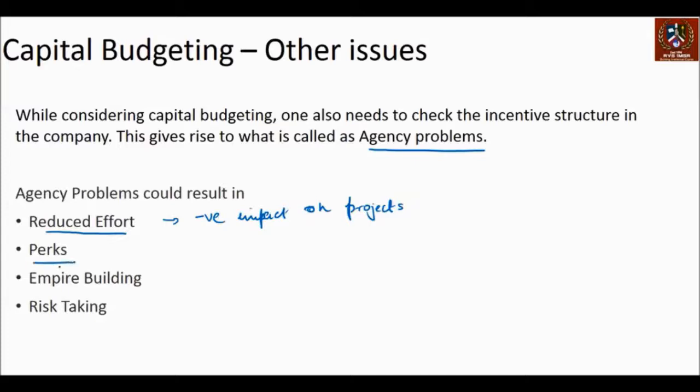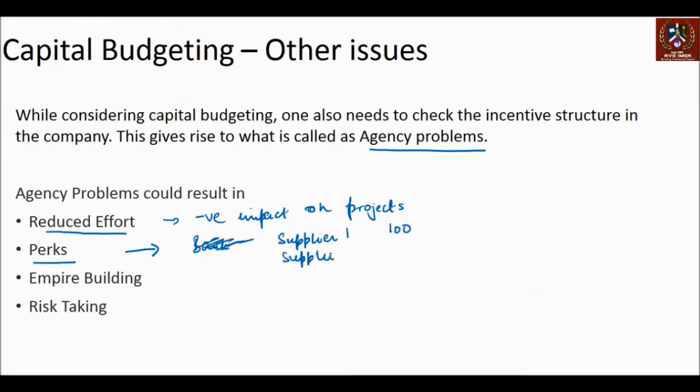Then you could have perks. While compensation is recorded in a straightforward manner, there are some decisions that the firm or management might make based on what perquisites they get. For example, take suppliers. Supplier one is quoting 100 rupees.